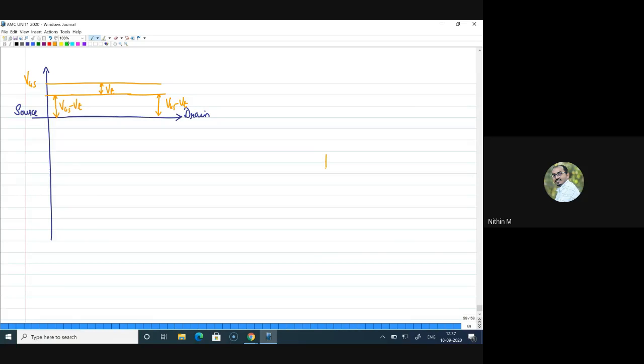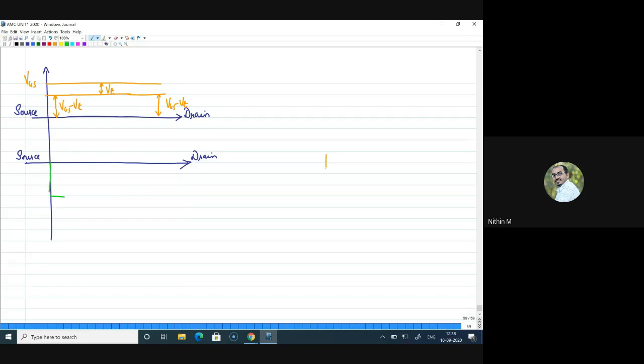Now, if this is the voltage available, this will in turn create a channel, right? Now, if I look at the channel, I'll draw the channel somewhere here. This is again the source end, and this is the drain end. If I look at the channel, the channel will be uniform.